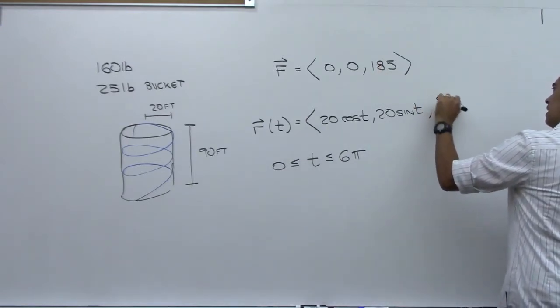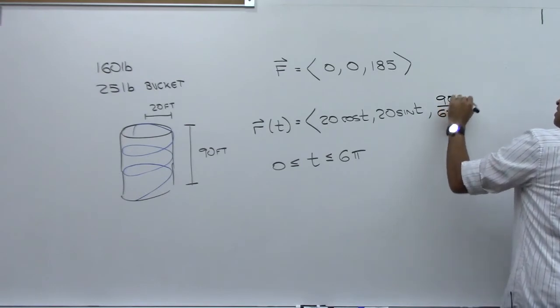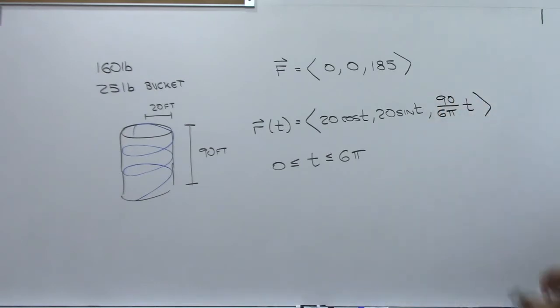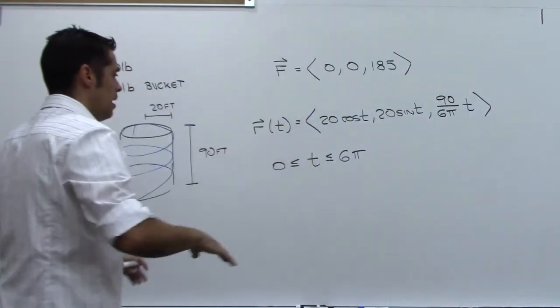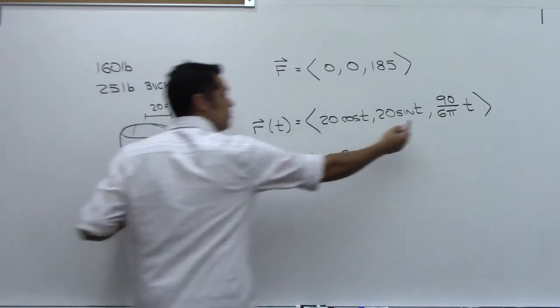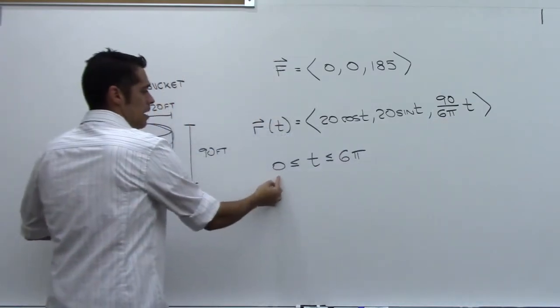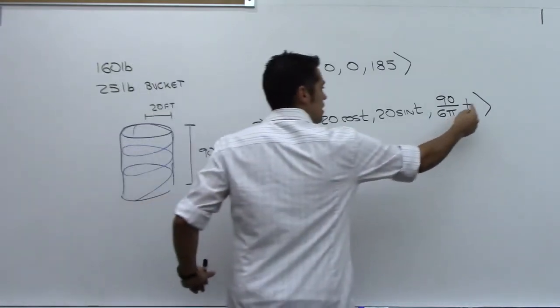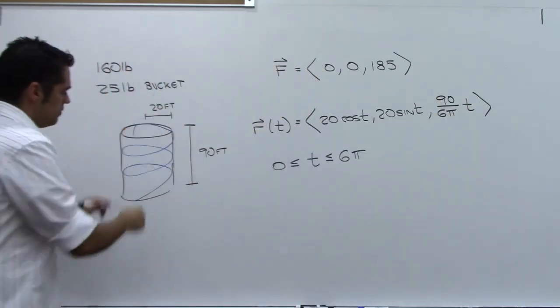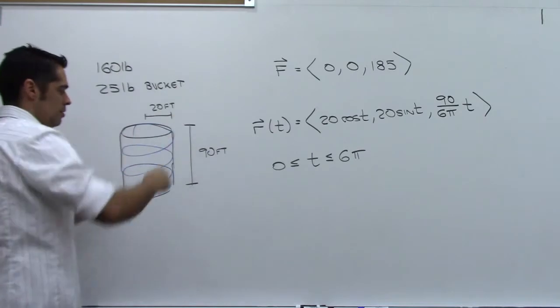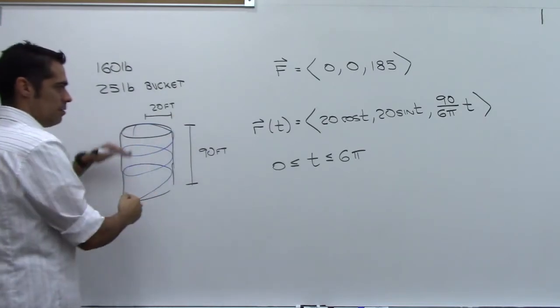So if I write 90 over 6 pi times t, that will be my z component, right? At t equals 0, you'll be on the ground. And when I finally get to 6 pi, cancel 6 pi, you'll be at 90. And it's linear, so you're going to go from 0 all the way to 90 linearly, which is the same thing that would happen if you look at someone going up the stairs.